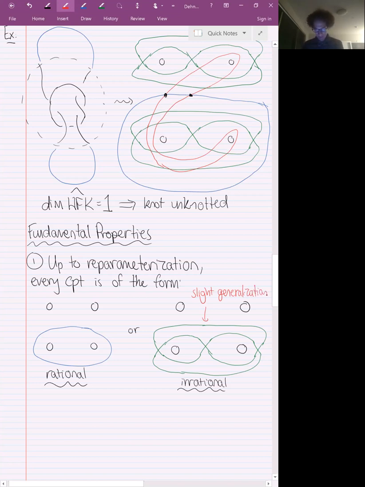What I mean by that is it might wrap around these two punctures more times and have some more self-intersections. There's a 1-parameter family of these curves and they can be written down explicitly. But the key thing to keep in mind is that it really wraps around exactly two punctures. Just maybe it wraps around lots and lots of times. And so the key takeaway here is that the curves are not too complicated.